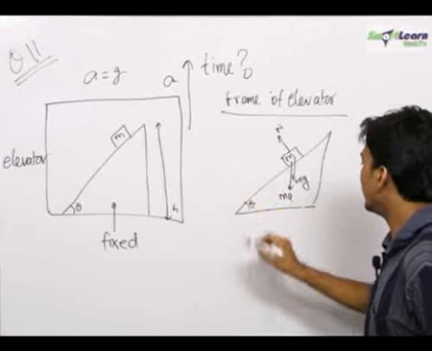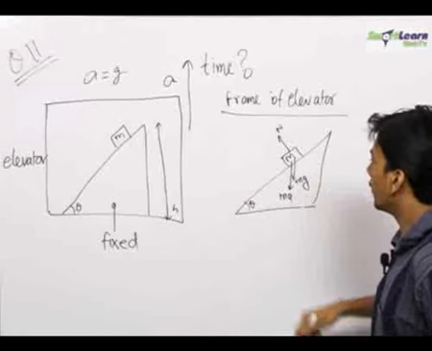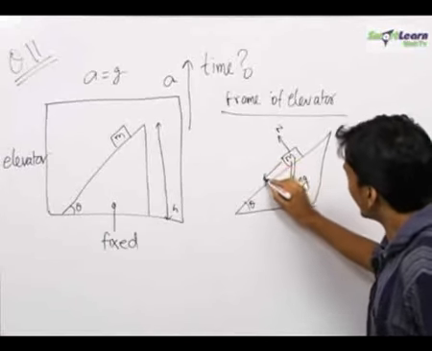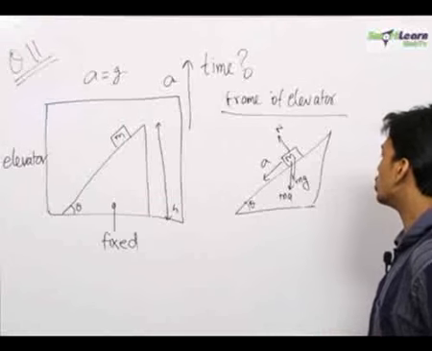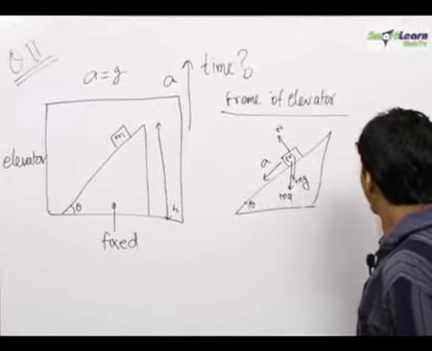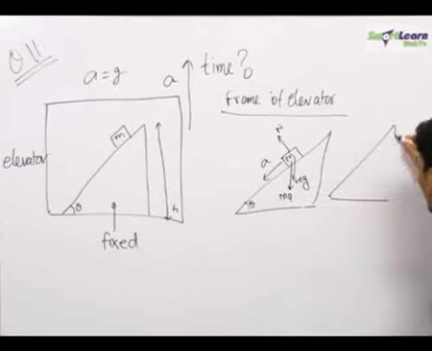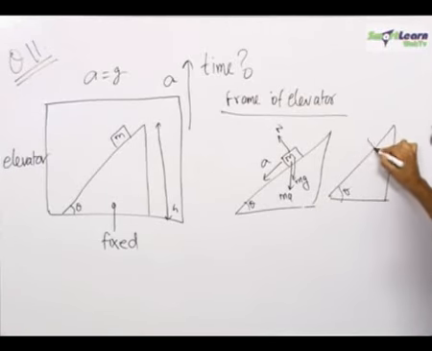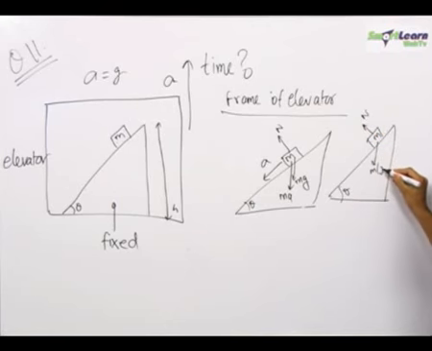This angle was theta, and in the frame of the elevator, we know that the acceleration of this object is in this direction. So we assume it to be a dash. Now we can write this as theta, mass m, normal reaction here, and m of g plus a in this direction.